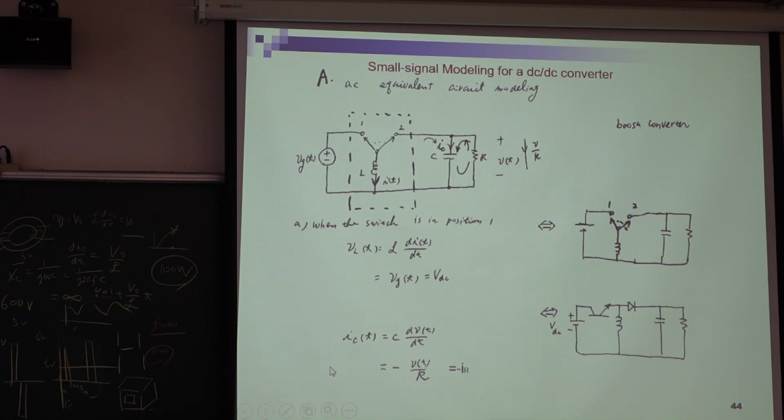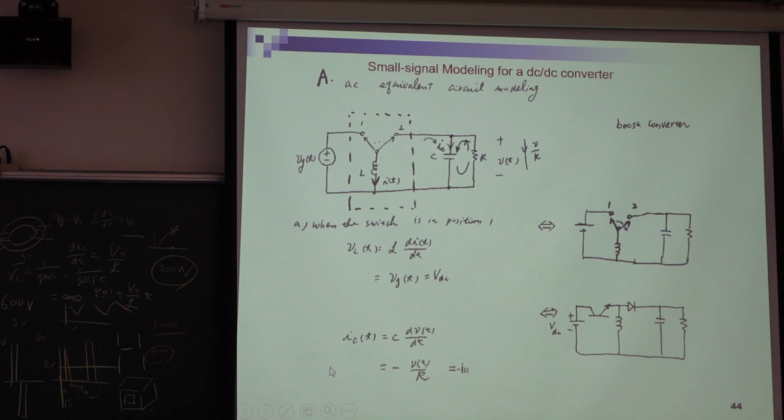You have primary resistance, you have primary leakage inductance, you have secondary leakage inductance, secondary resistance, you have magnetization inductance, you have core loss. So you say this is your mathematical model of the transformer, right?